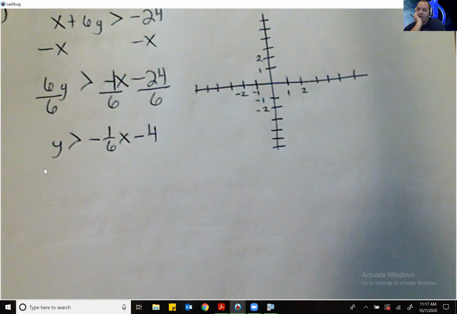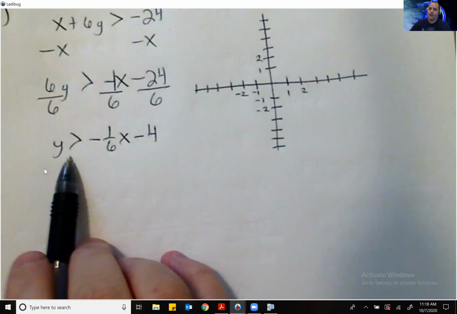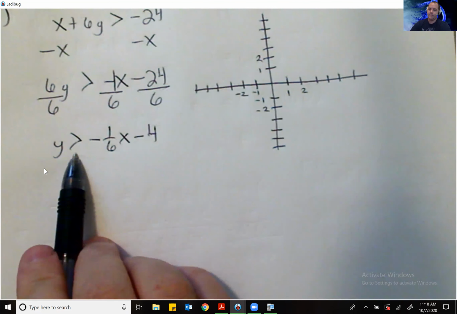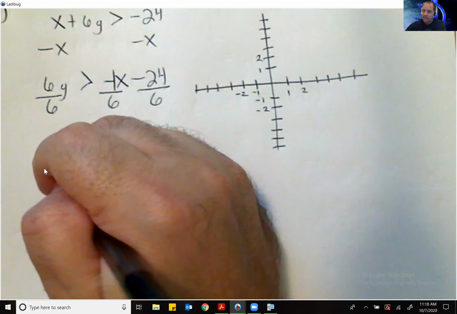Anyone want to offer a different opinion? It's going to be dotted. Why is it dotted, Zach? Because it's not greater than or equal to, there is no line on the bottom. When you have no equal to, it is a dotted line.